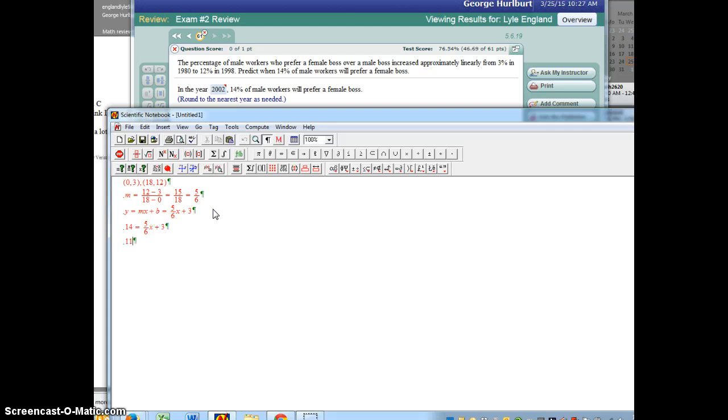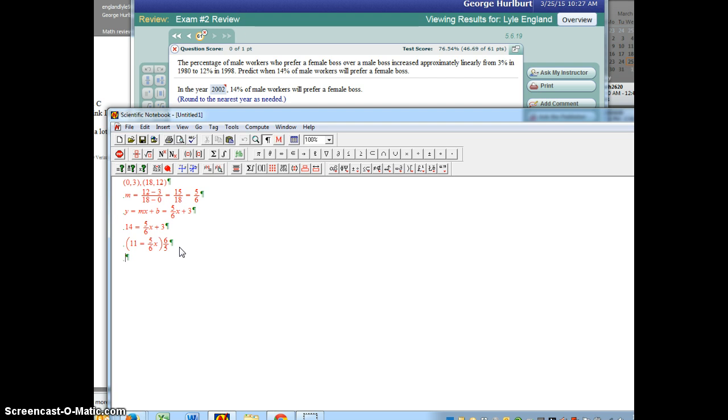We're going to subtract 3 on both sides. And then to get the x all by itself, we're going to multiply both sides by 6/5, because the 6 will reduce with the 6, the 5 will reduce with the 5.